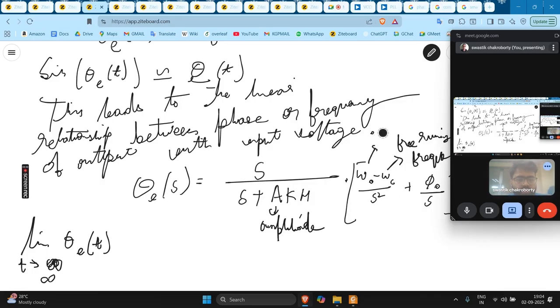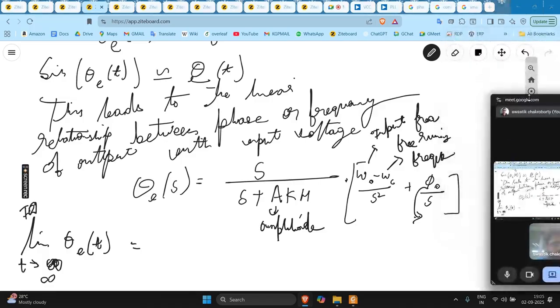Omega naught and phi naught are the input frequency and input phase. Phi naught is the input phase.